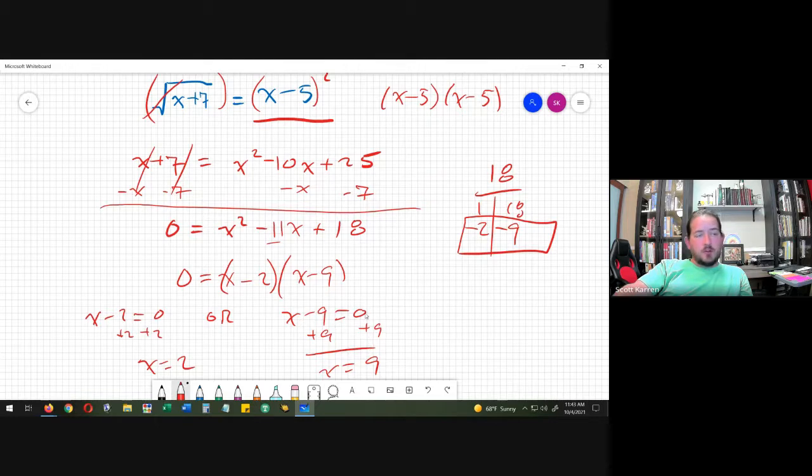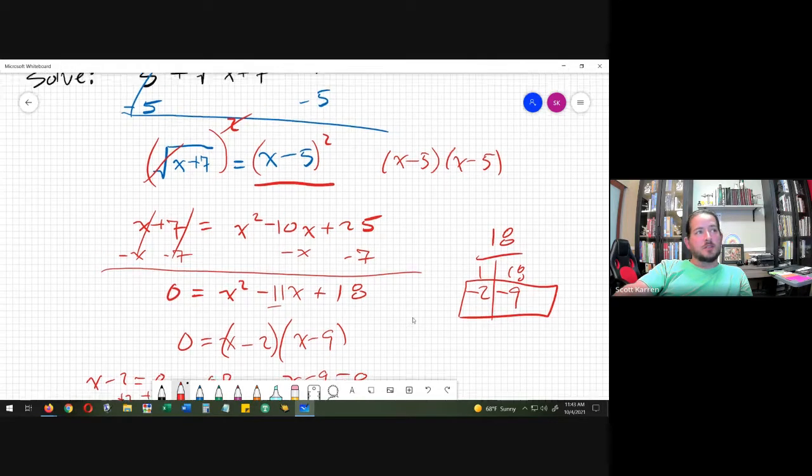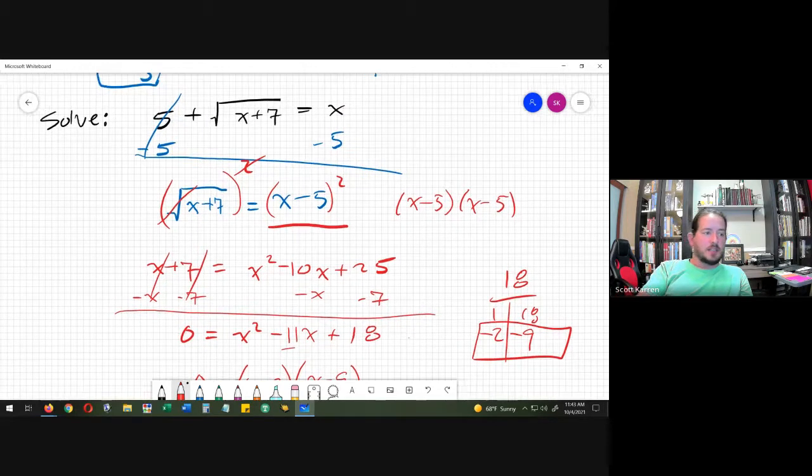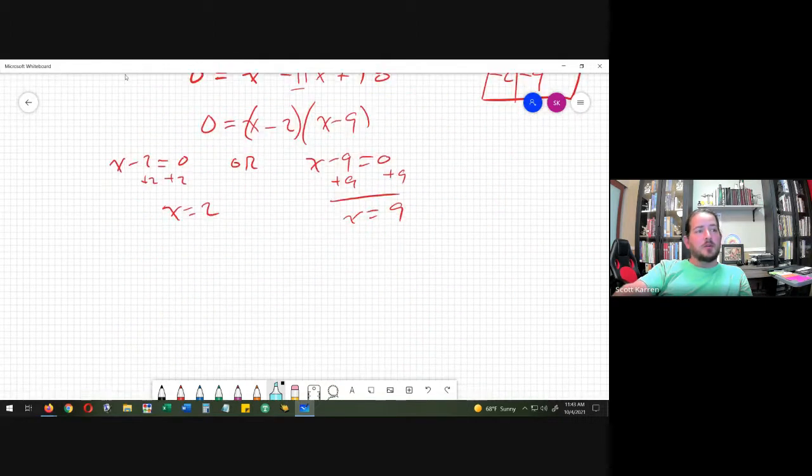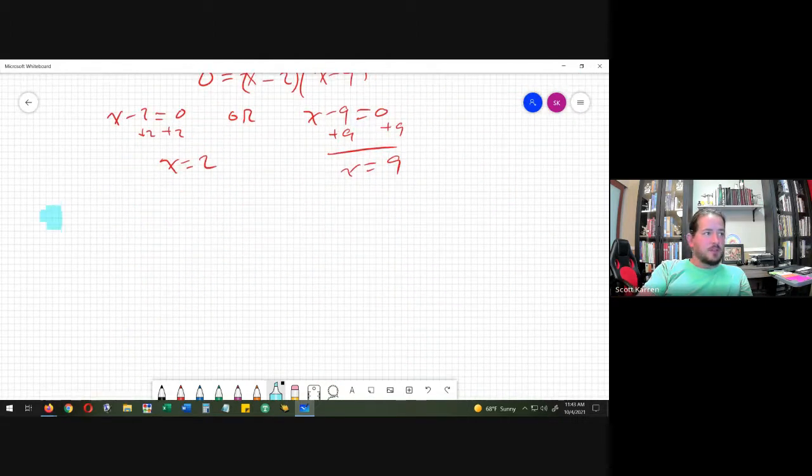But if I go back up to the equation, the original equation has this x plus 7 under a square root. That might be an issue.